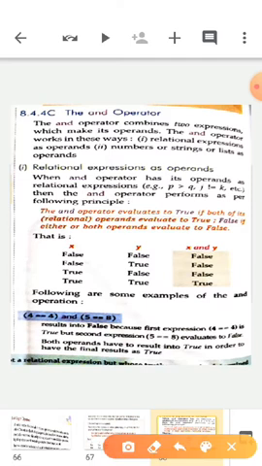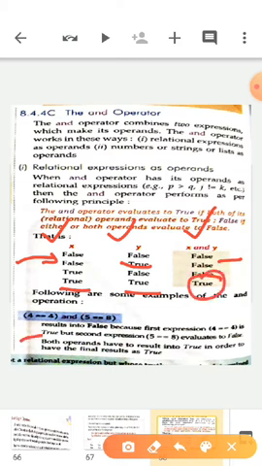For the and operator, if both cases are true, then only you will get a true answer, otherwise definitely you will get a false answer. See, both are false, you will get a false answer. If one is false and another is true, you will get a false answer. It will give you a true answer only when both conditions are true. So here you will get true. See the example, 4 == 4 and 5 == 8. In this one the second is wrong, so here you will get a false answer.